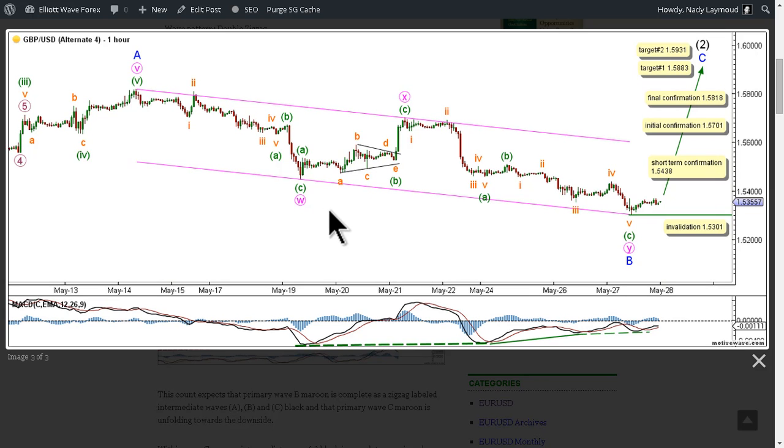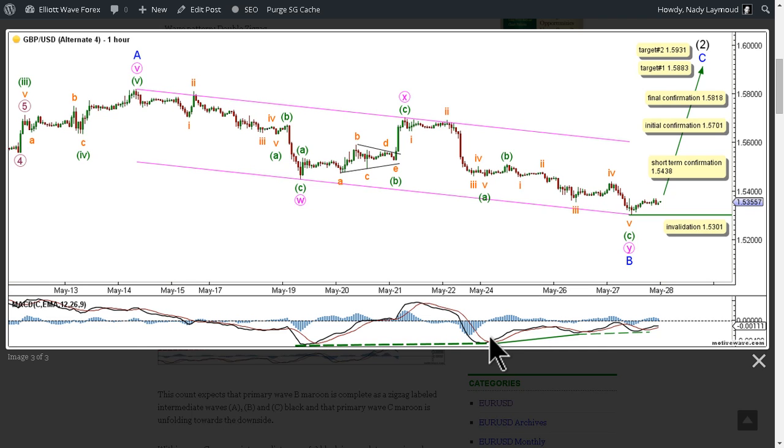The lowest reading MACD registered on the hourly chart was at the end of wave W pink. Moving on from that point, MACD failed to follow suit as price kept moving toward the downside, registering lower lows, while MACD kept registering higher lows and thus creating bullish divergence.